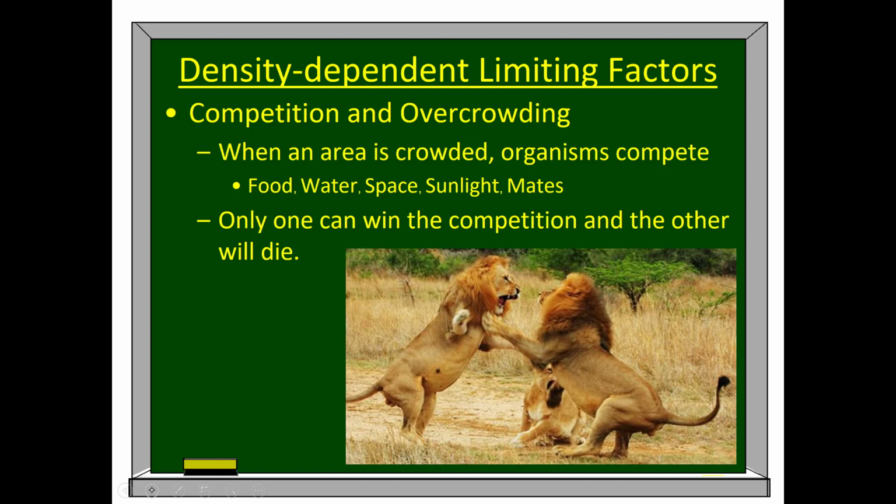Only one is really going to be able to win the competition, and the other is typically going to lose, and realistically in nature, that means they're going to die. So when the density is high and it's overcrowded, we see a lot of competition for those resources, and in the end, a lot of times we'll see some death for those organisms that don't quite win.